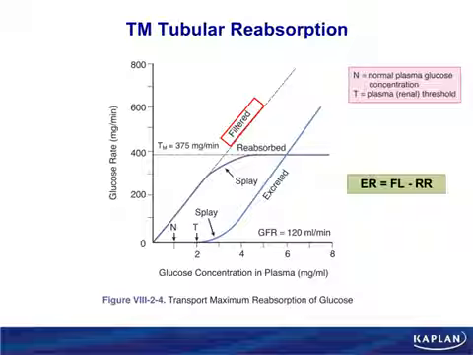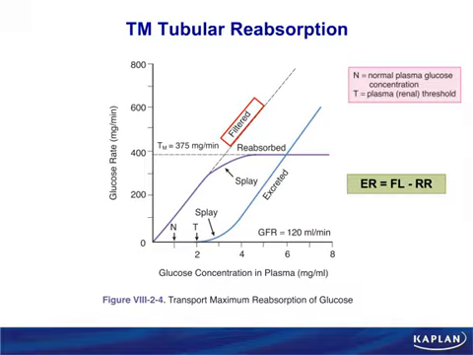First, let's tackle the filtered load. Well, we know that filtered load is equal to GFR times plasma glucose concentration. So, if we keep the GFR constant and we increase the plasma glucose concentration, what happens to the filtered load? Well, it increases. If you look at the graph, the line labeled filtered is the filtered load.